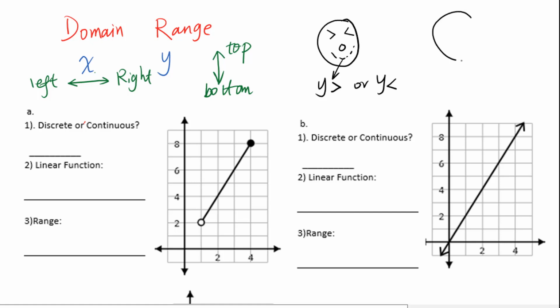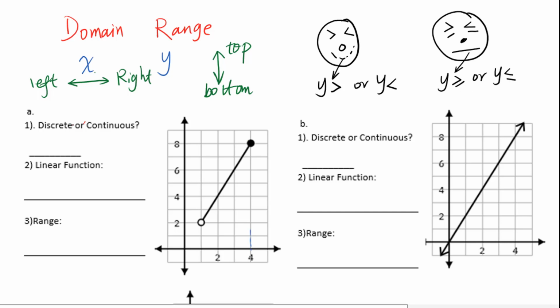Then we use an angry face to remember greater than or equal to, less than or equal to. This is a closed circle, solid line. Solid line means inequality functions, y greater than or equal to, or y less than or equal to.